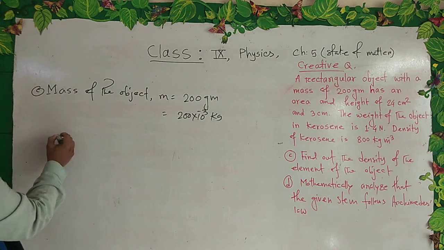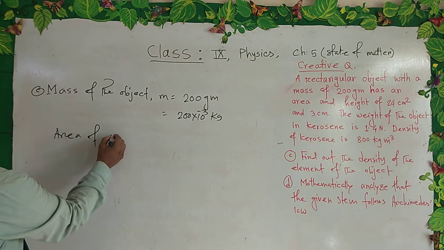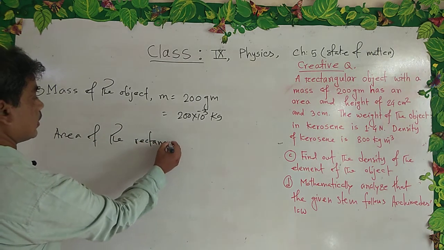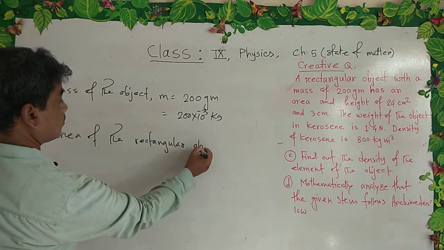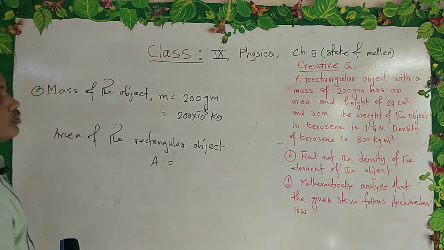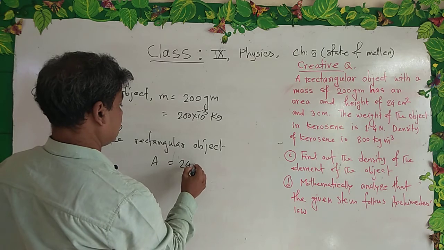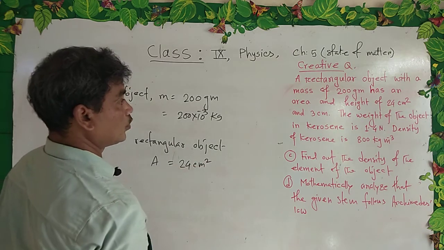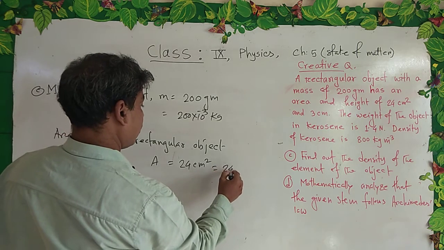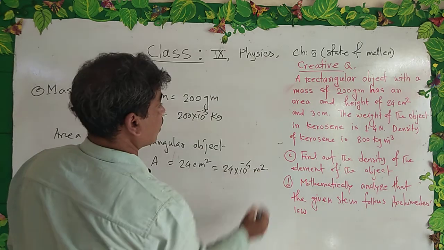Then area of the rectangular object, A equal to 24 centimeter square. This should be converted into meter square, and it will be 24 into 10 to the power minus 4 meter square.